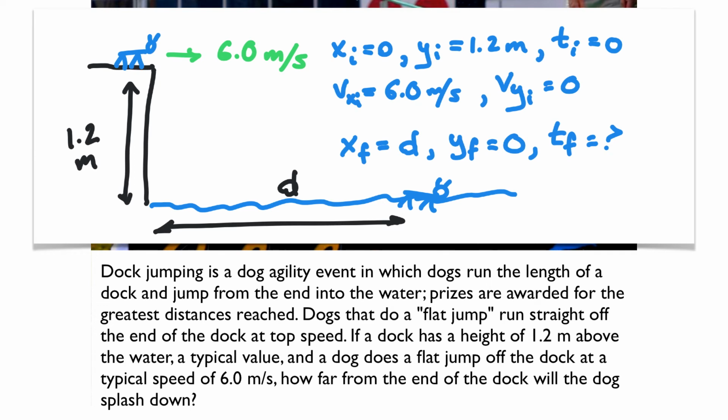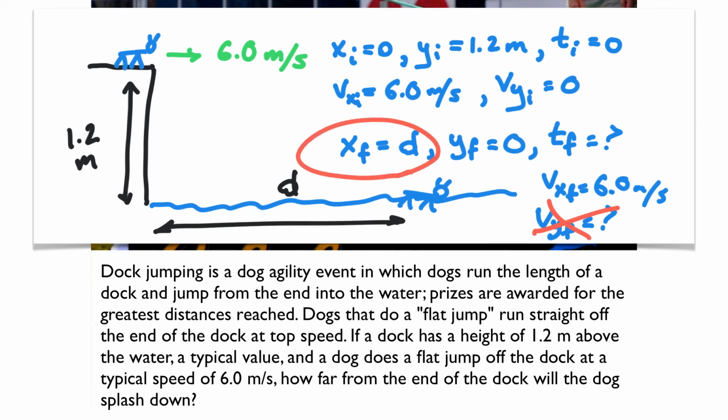The x velocity is equal to 6.0 meters per second. It continued unabated. The y velocity we don't know, but in fact we don't need to know that. You're not asked to calculate how fast the dog is moving. We just want to know how far it moves. So what we're looking for is the value of this quantity d.